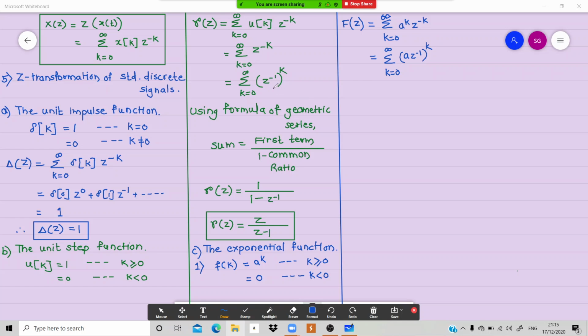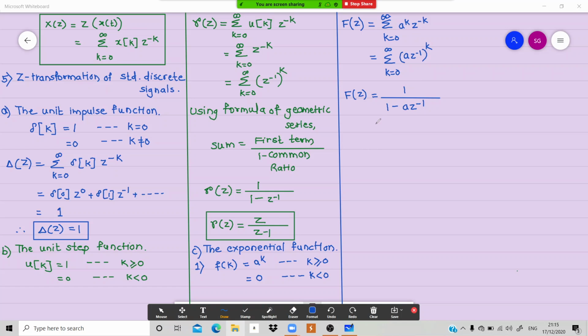In the same format we are trying to put it, and if you apply the formula again, you are going to get f of z is equal to 1 upon 1 minus, because when the power is 0, anything raised to 0 is 1, so your first term is going to be this, and the common ratio will be this thing, because every time the power changes, 1 2 3 4, the common ratio will be a z raised to minus 1, correct?